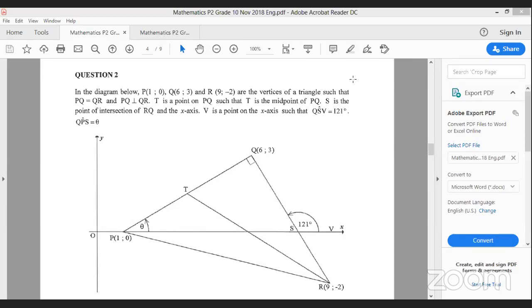So here we'll be going step by step. Remember, guys, when you're doing your analytical geometry question, you will always be given a shape in a Cartesian plane. So you have to understand your Cartesian plane. What is your Cartesian plane?